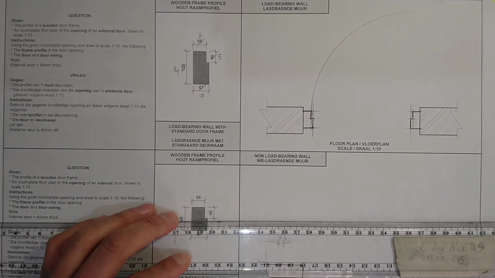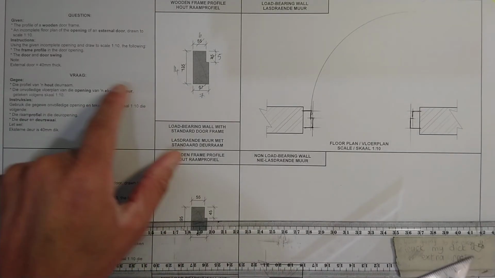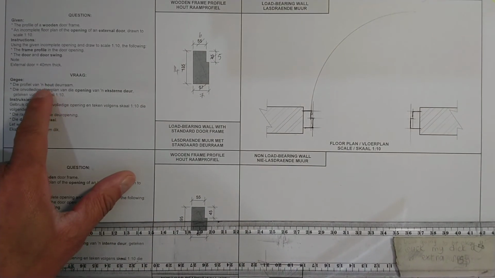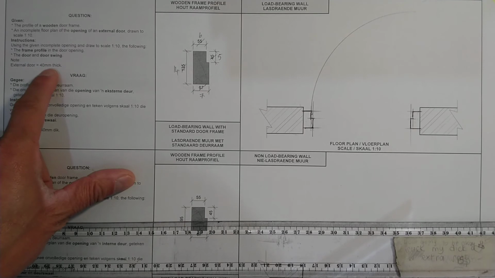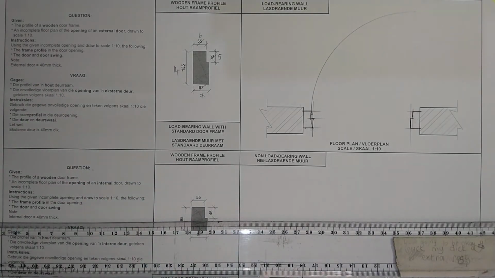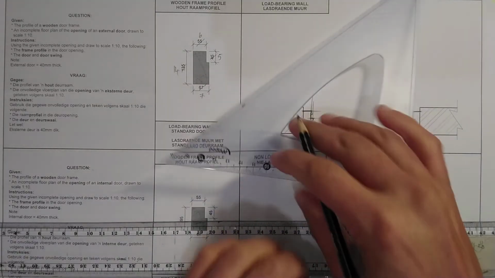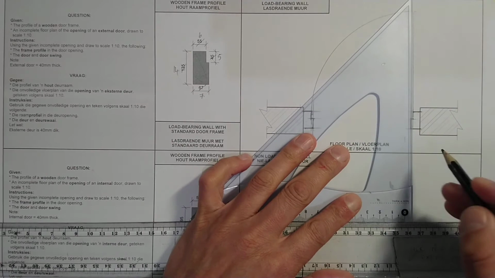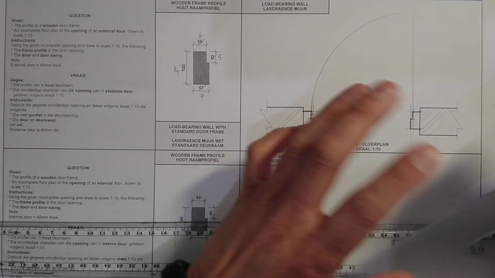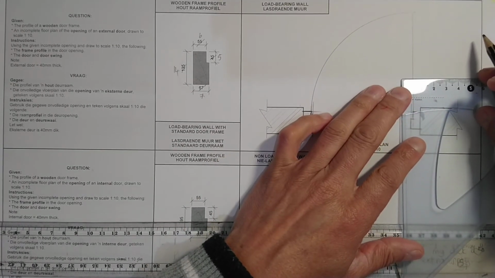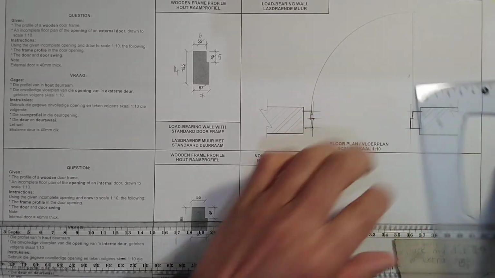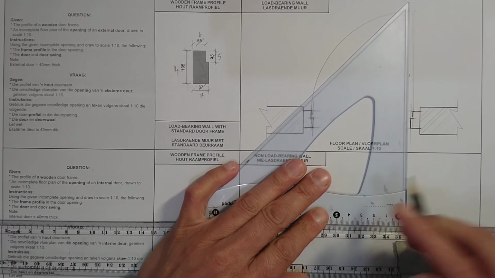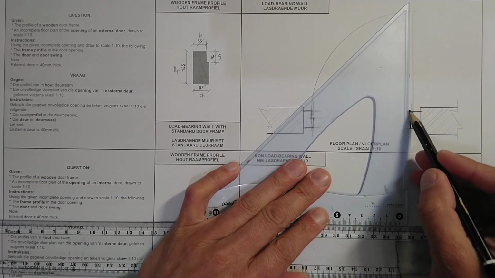And then the door thickness, as they say here, if you read here, it's 40. So we divided by 10 is going to be 4. So your door is going to be from here, touching that line there. And then 4 millimeters, if you measure it, that's the thickness of your door. And you're going to draw it right there.